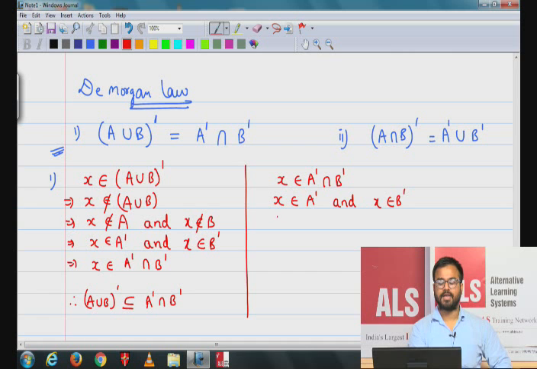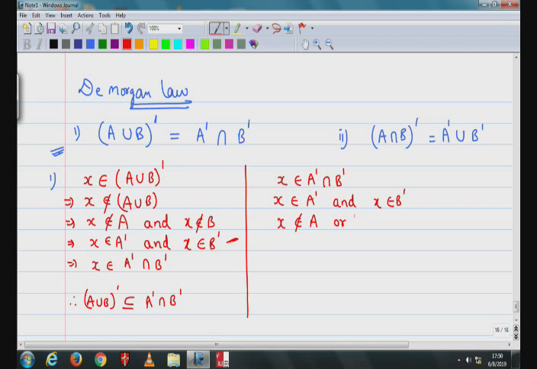Therefore we will write x does not belong to A and x does not belong to B, in the same way as in the earlier step.